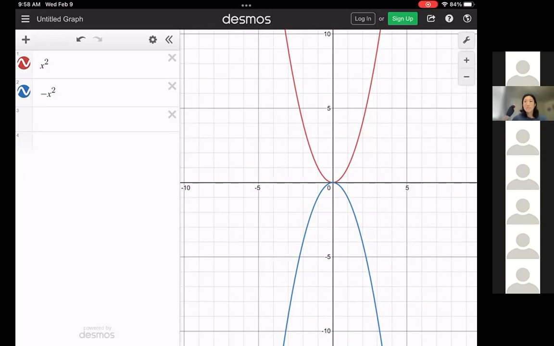Knowing that the third function is going to go between these two, would we call x squared or negative x squared, which one of those would be our f of x from the notes that we just looked at?